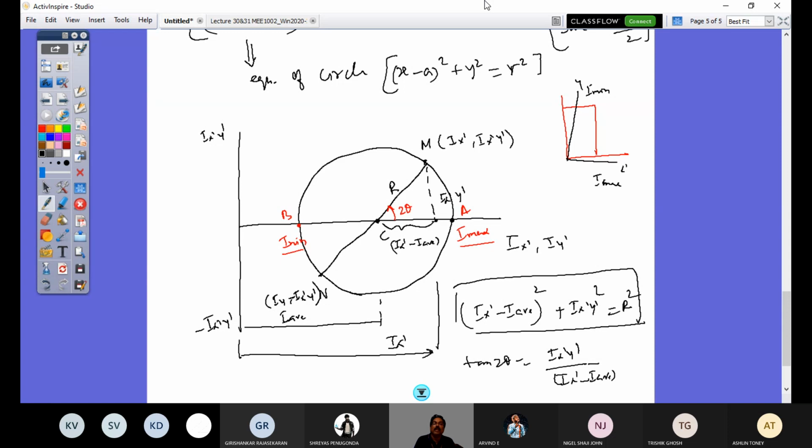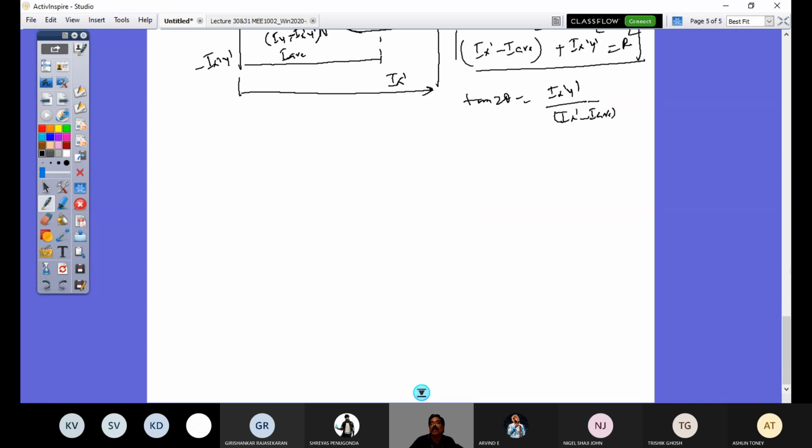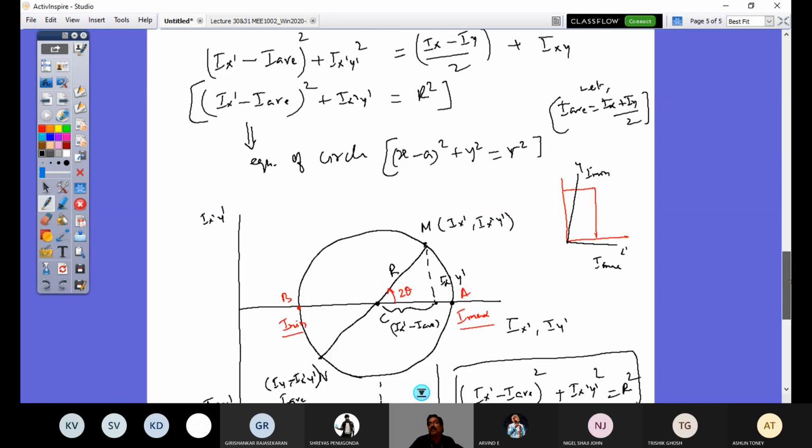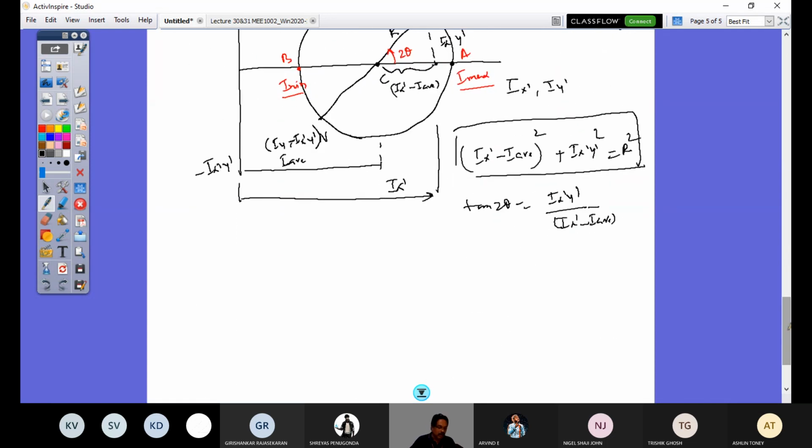So you can rewrite this as Ix dash minus I average here, or if you want to represent it in terms of Ix, Iy, Ixy, you have to take this. When you have this 2 theta m rotation in the clockwise direction, I will get the maximum.